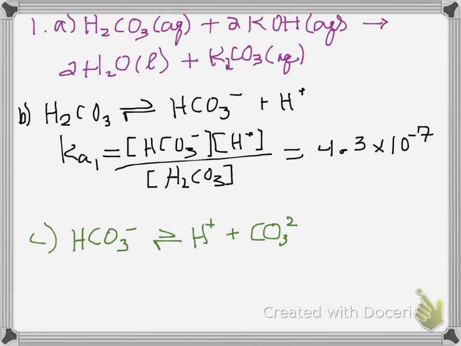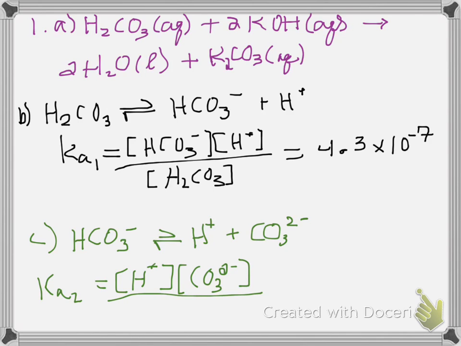And this would be the loss of your second proton, so that's Ka2. And the Ka for that is listed in the appendix as 5.6 times 10 to the negative 11.